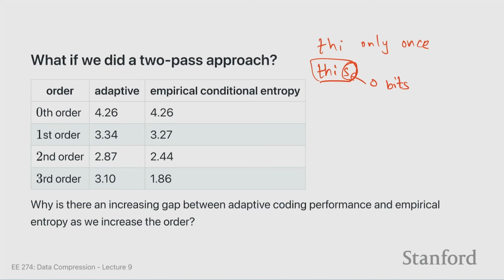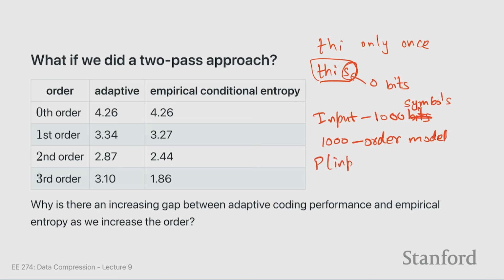So this is just a thought experiment where your input is 1000 symbols, and you take a 1000 order model. The probability of the input is 1, probability of everything else is 0, right?